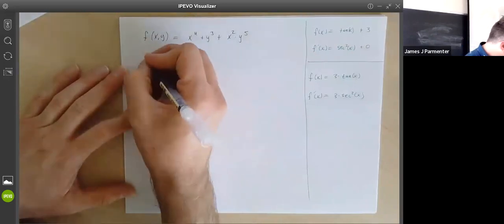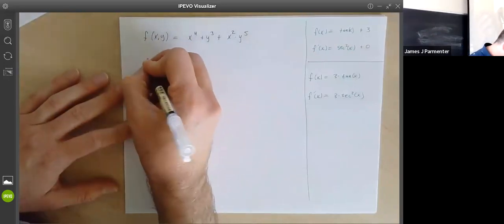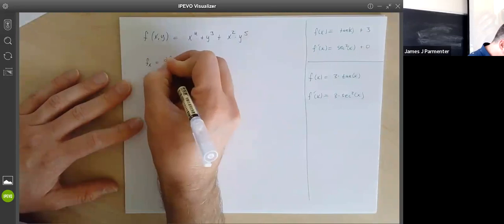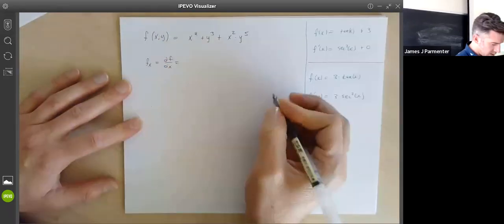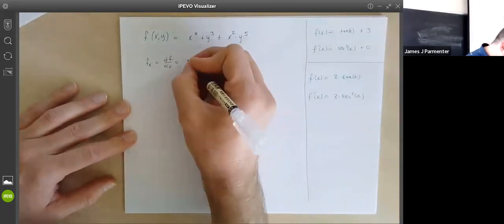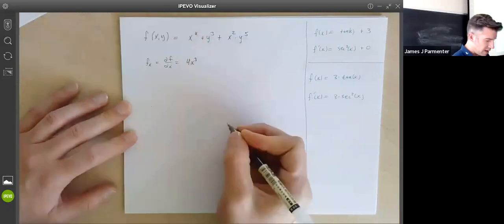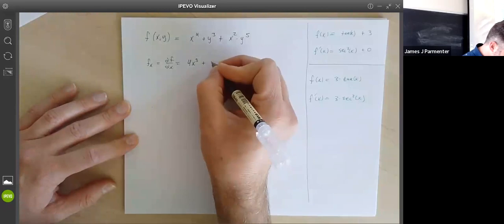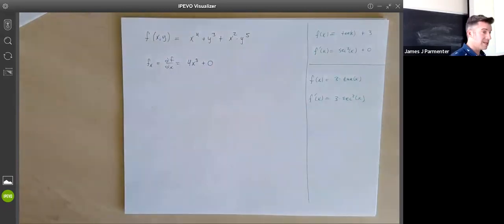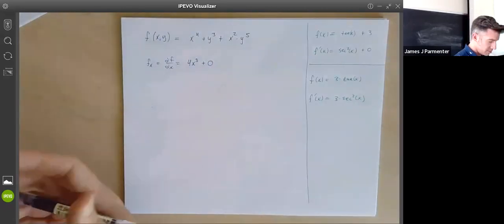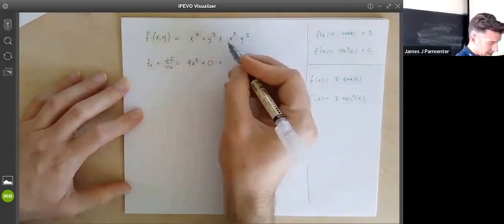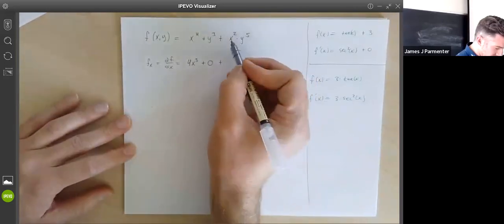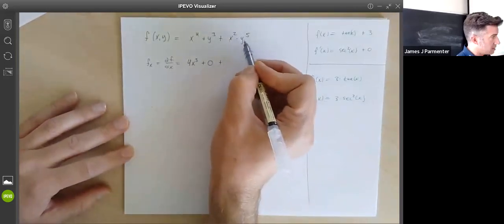So let's find f_x, the partial derivative with respect to x. The derivative of x to the fourth is 4x cubed. The derivative of y cubed is 0, because y is a constant as far as x is concerned. The derivative of x squared times y to the fifth is the derivative of x squared times a constant.